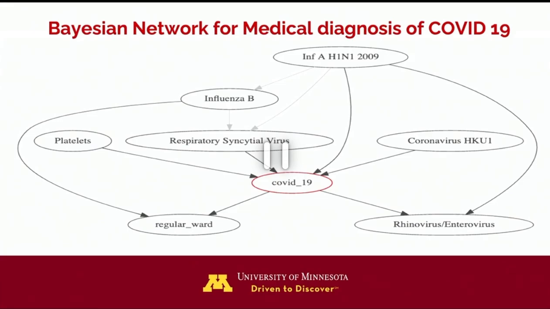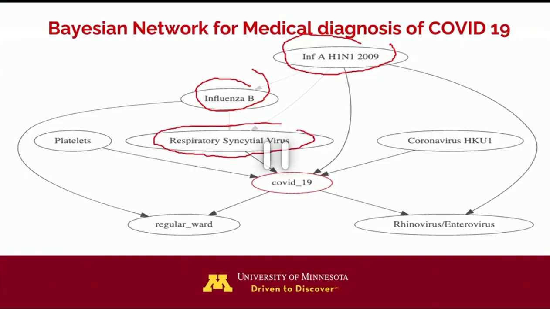Here, I have different kinds of diseases that are related. What if in an exam I gave you this and asked you to write the joint probability? This is looking complicated. What am I seeing here? Influenza A 2009 determines influenza B. Influenza B determines respiratory virus, and that determines COVID-19.